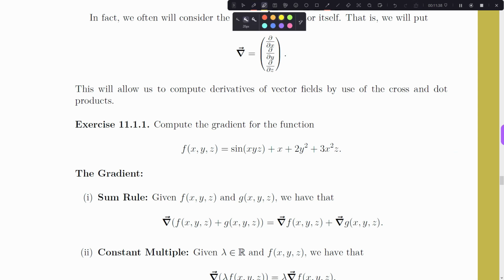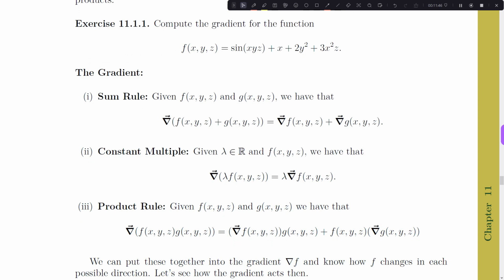Okay, so our rules: we have the sum rule, pretty standard for derivatives, we can split it over sums. We have the constant multiple rule, where the constant multiple can pull outside of my derivative. Finally, the product rule is particularly useful here.